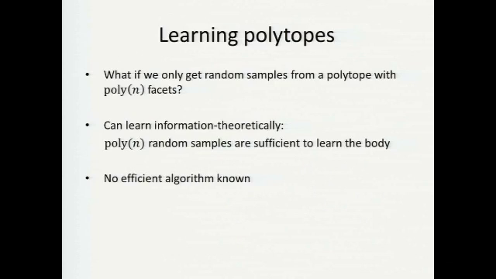So this is the problem we are interested in. We have a polytope which has a polynomial number of facets. And we only get random samples from this polytope. We can't make membership queries. Can we output an approximation to this polytope? So now something interesting happens.